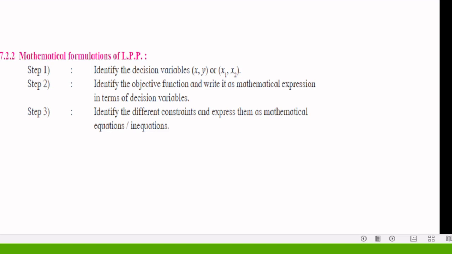Whatever they're asking, you need to put that into variable form. Variable means its value is going to change, right? We will study in detail. For example, if someone asks to calculate the number of pens and books for a given amount, you set the variable for pens as x and books as y, so that you can proceed further.